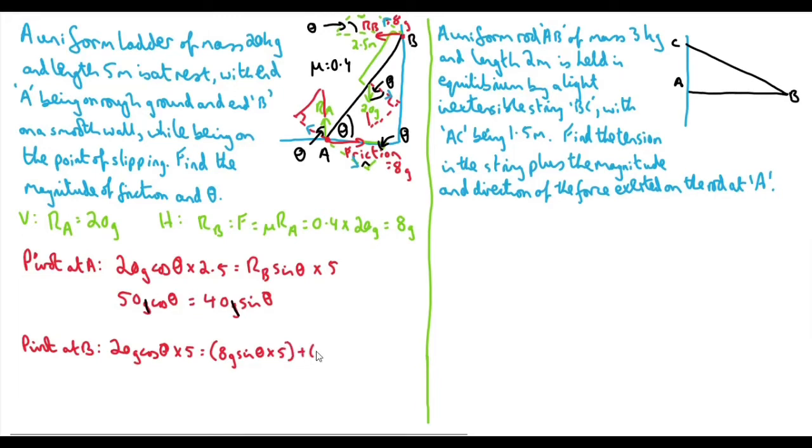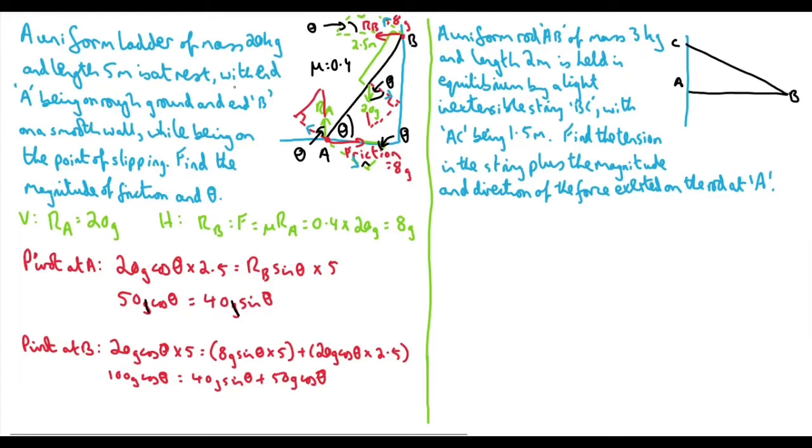And then we'll add that to, again, this component, so again it's cos, so 20g cos theta times by 2.5. Expanding these, you end up with 100g cos theta equals 40g sine theta plus 50g cos theta.